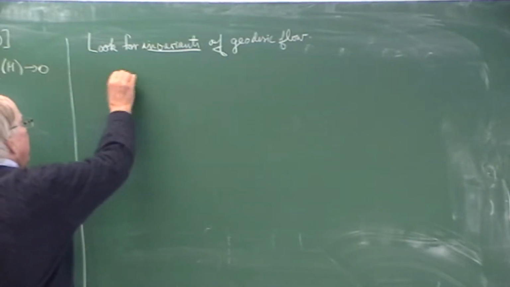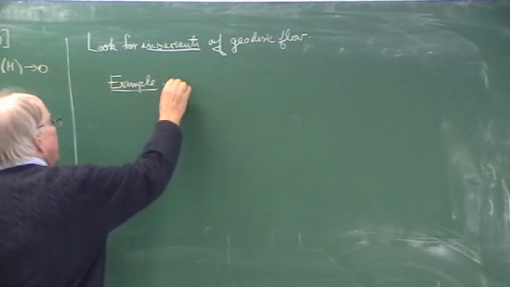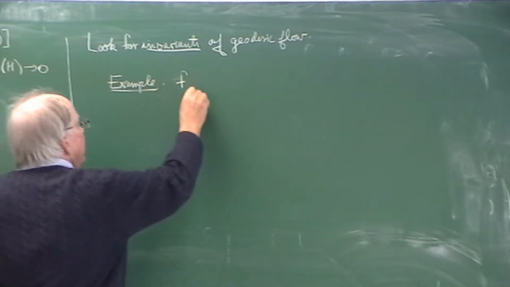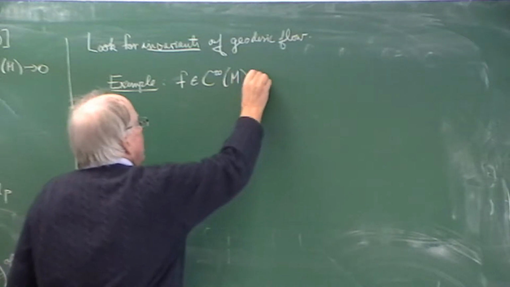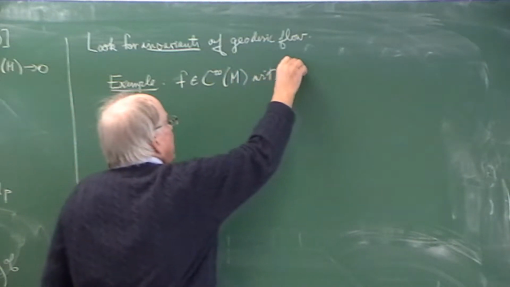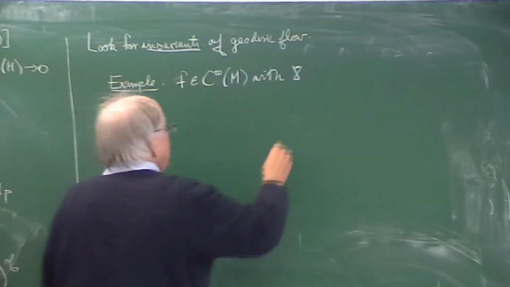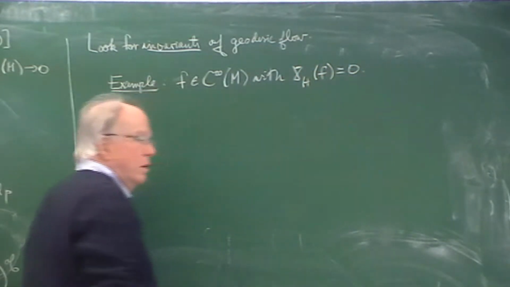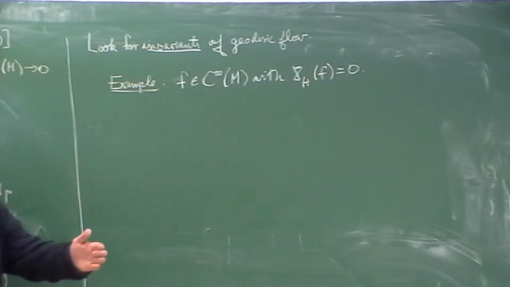And then one kind of invariant, an example of an invariant, is a function, say a function f on the manifold with X_H of this function equal to 0. So we're differentiating the function with the vector field.